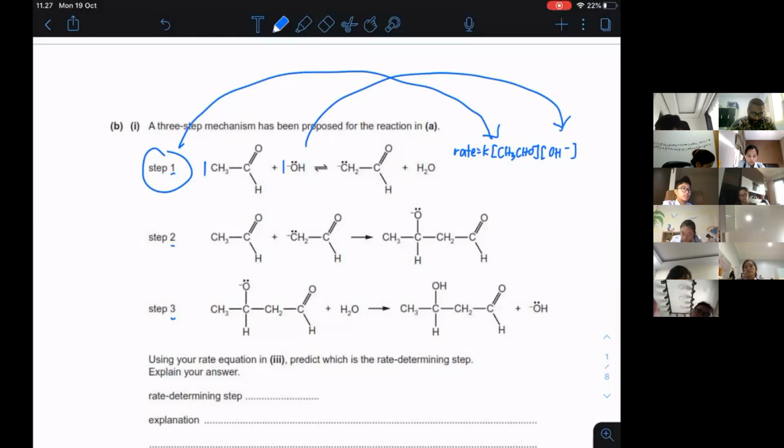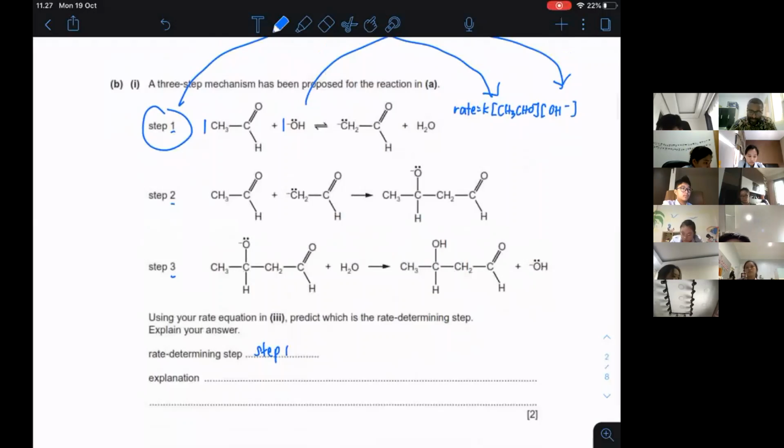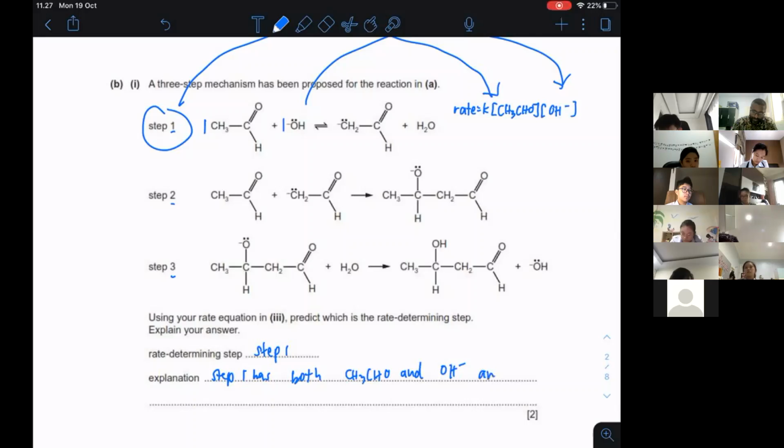So step 1 is going to be my rate determining step. Your explanation will be: step 1 has both CH3CHO and OH minus, and it's the slowest step. You can just write it down, but I think the answer will be that it contains both CH3CHO and OH minus.